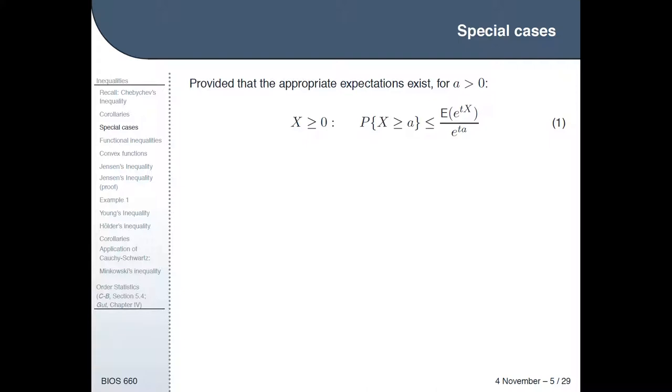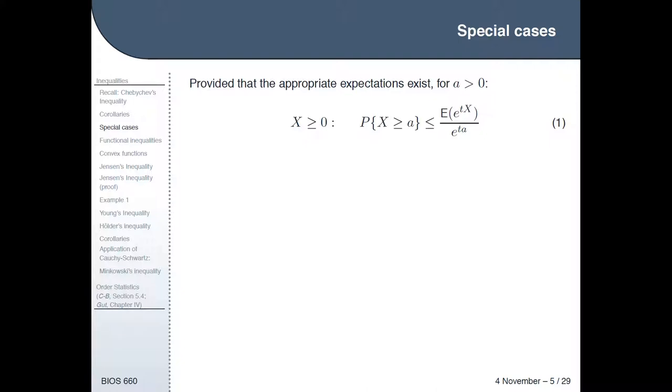Oh, a couple special cases of the inequalities on the previous slide: these inequalities do have names, due to the wide variety of situations where they're useful. If x is positive, then the probability that x is greater than or equal to a is less than or equal to the expected value of e to the tx over e to the ta.